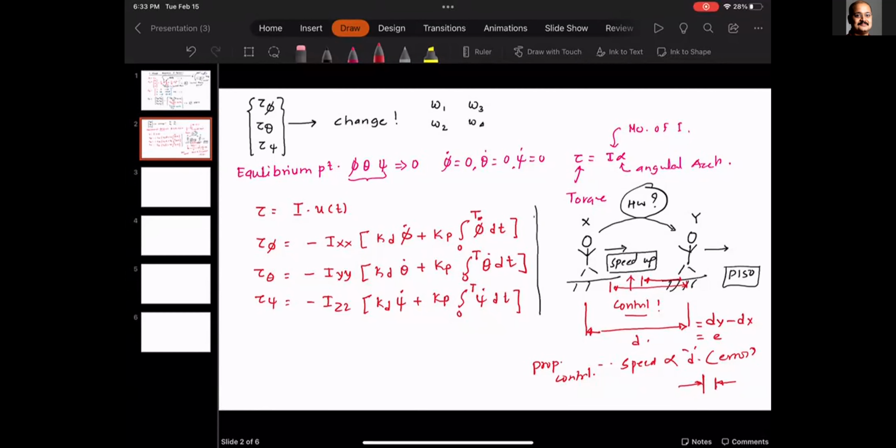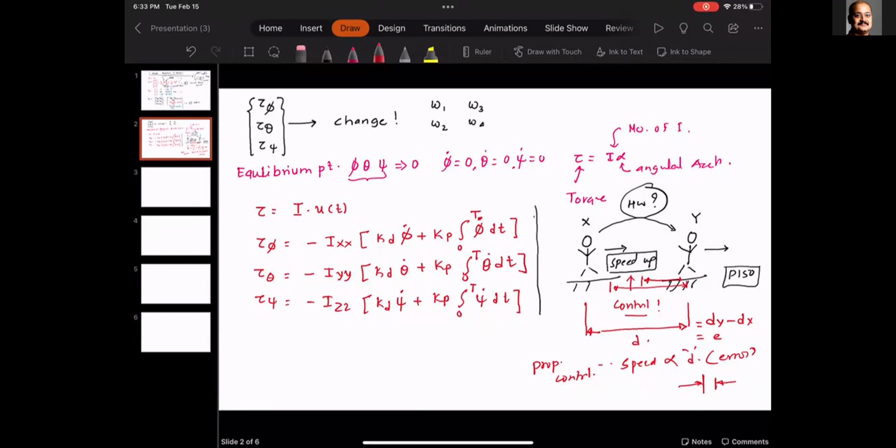Or we don't want person X to overshoot. For example, if the value of d is changing because person X sped up very quickly or slowed down very quickly, then he could overshoot.